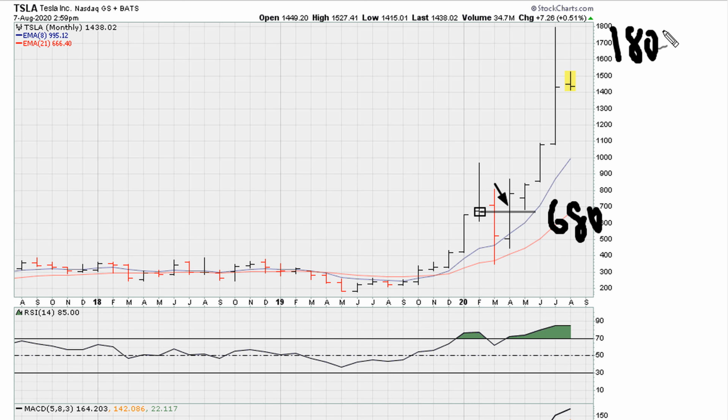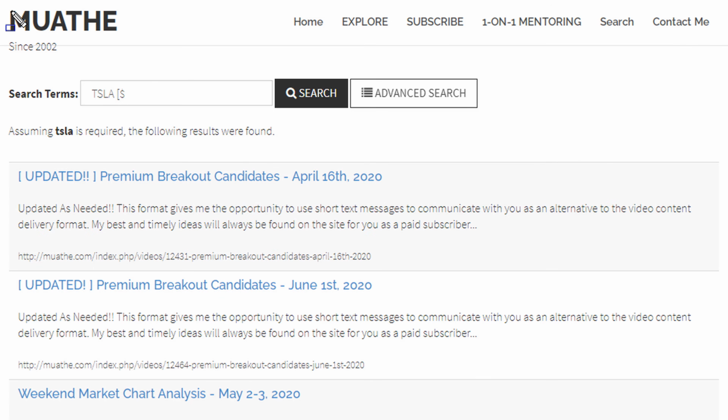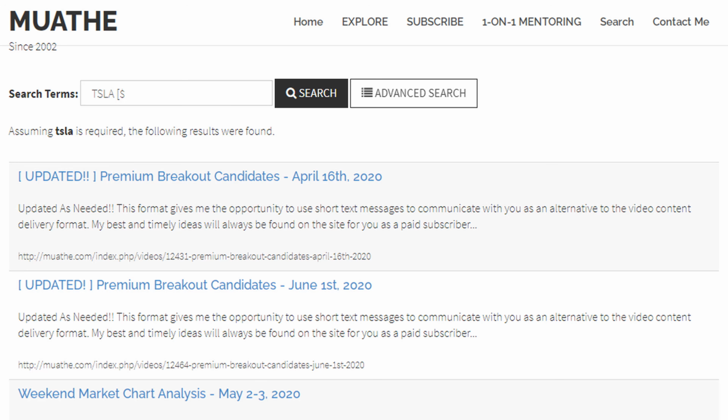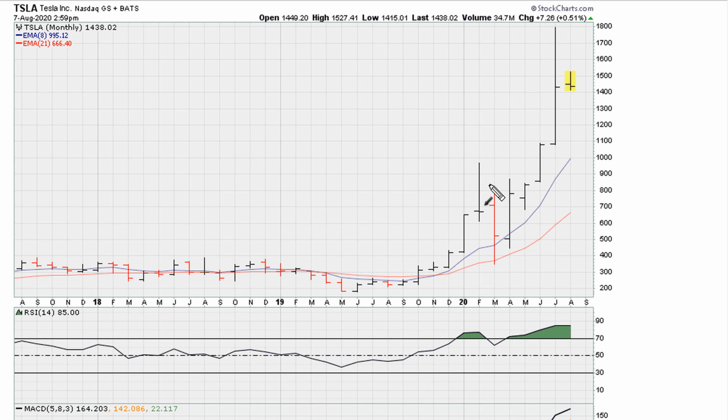That's an ideal move, and I'm glad that at least we had a chance to trade that breakout. As you can see, a breakout alert for Tesla was issued on April 16th, 2020. And another one issued also June 1st of this year for paid Muathe.com subscribers, which is right here.